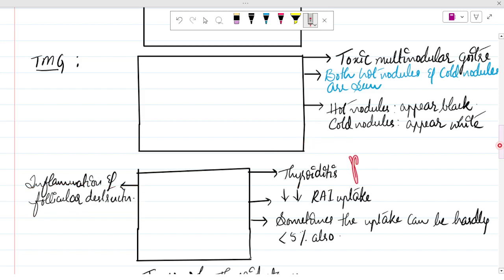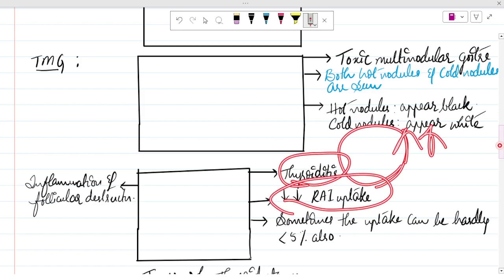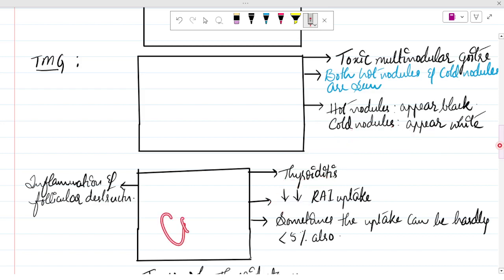And if you do a radioactive iodine scan for a thyroiditis patient, there will be decreased radioactive iodine uptake. Now, if there is inflammation, you can think of it as hot. If it is a hot component, there should be increased uptake. But in thyroiditis, why is there decreased uptake? Common sense. Always use your common sense. In thyroiditis, there is inflammation as well as follicular destruction.